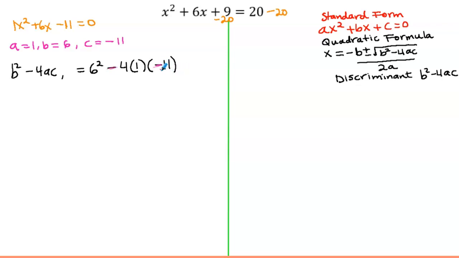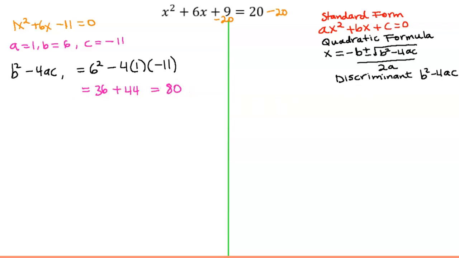Students also have this concept wrong, so be careful with that. So 6 squared, which is 6 times 6, becomes 36. Negative negative becomes positive. 11 times 4 becomes 44, and times 1 will give you the same. Here, when you add it, we are going to get 80. So the discriminant is 80.